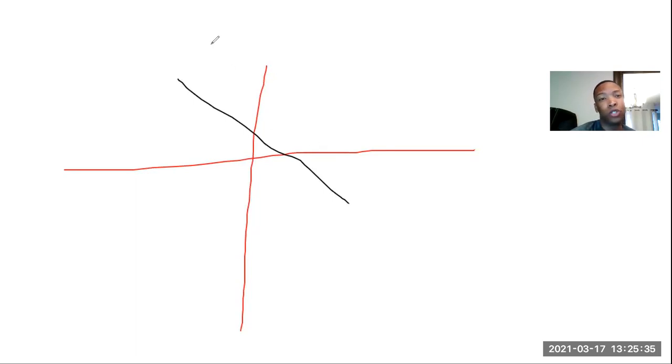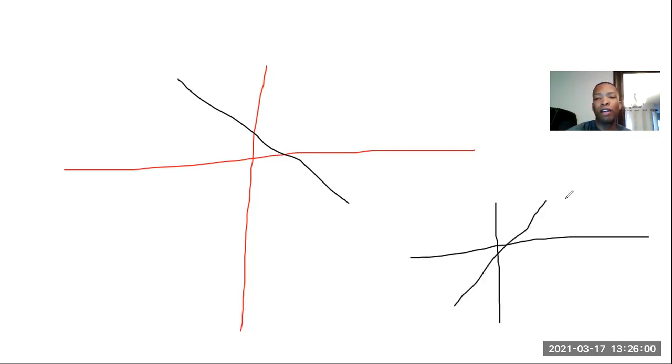De izquierda a derecha, to the right. So left to right, that is decreasing. If I go right to left, it's going to tell me increasing, and that's what I don't want to do. Left to right is going to tell me decreasing.